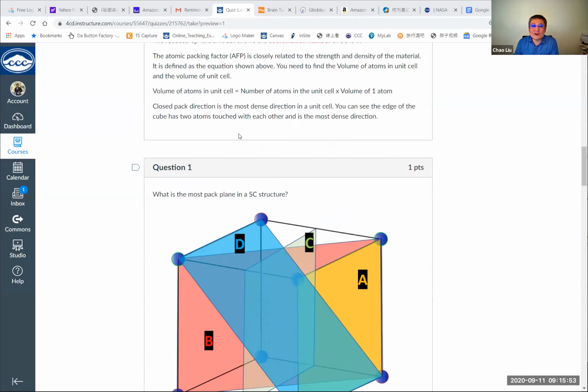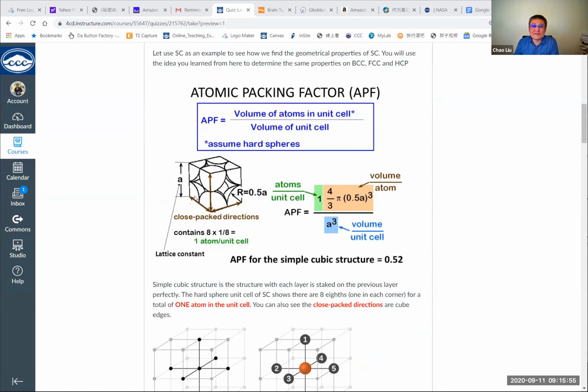The actual model should be like this. This face over here is the same as this one, and the same as the face on the top. So the 6 faces are all the same. Are they the most dense face?